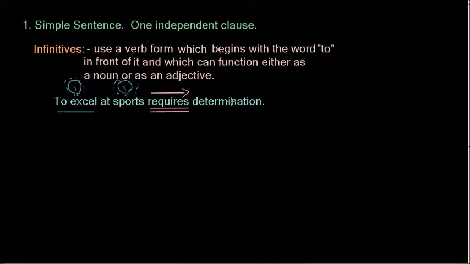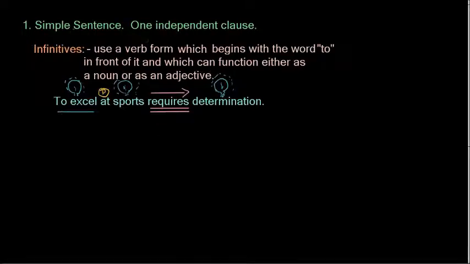And it requires another concept, determination. And we have one preposition here, at. Now to is a preposition too, but we're going to include that as part of this infinitive.